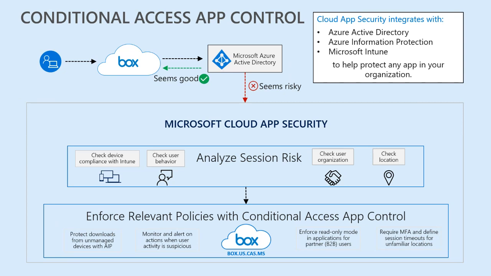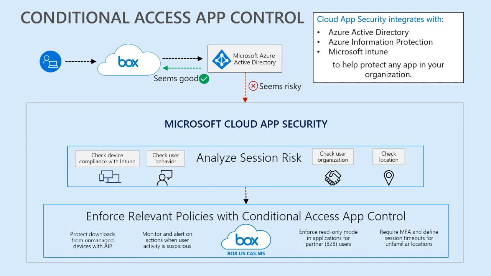It will be reading Microsoft Azure Active Directory when the user tries to log in. It will read its conditions, and then it will say, okay, the user is good, he's in the office location, or the user is not good. If the user is not good, then it comes to Cloud App Security, and it will be analyzing the risk based on the policies given, and then give limited access, or we call it conditional access.